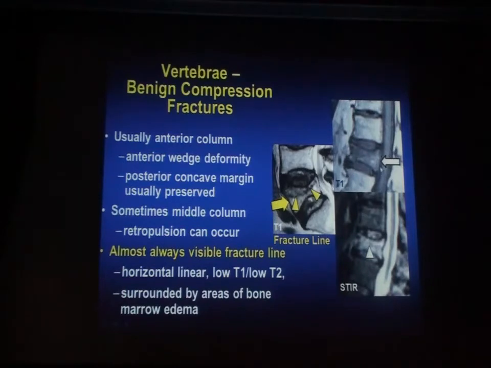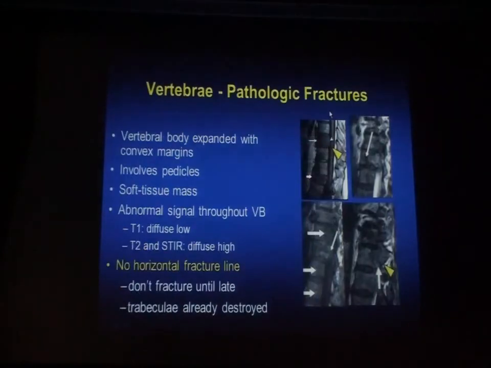You can see it's a little bit concave. Sometimes these fractures involve the middle column, but benign compression fractures almost always have a fracture line, and that's what we're seeing here. A horizontal, low signal line surrounded by marrow edema in an acute setting helps us decide that we're looking at a benign compression fracture.